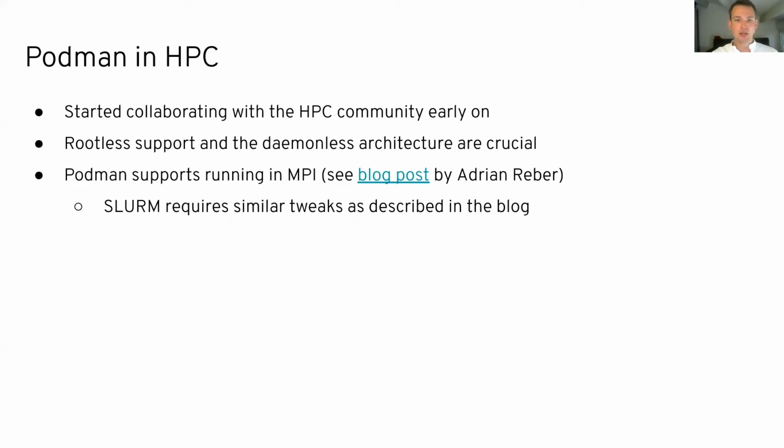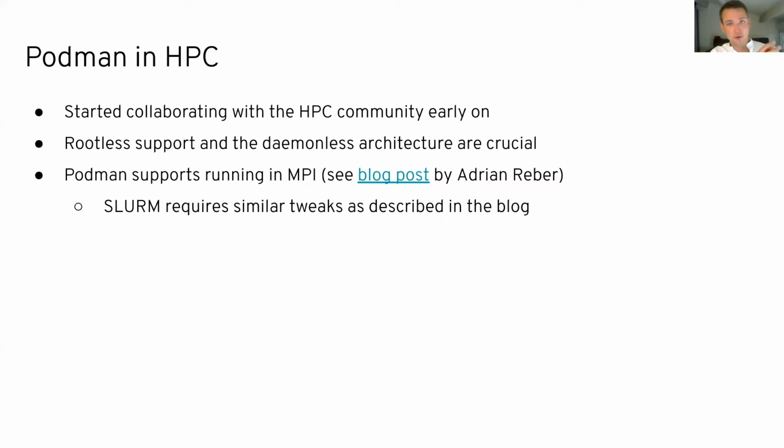Podman supports running MPI. There's a great blog post from 2019 by Adrian Reber, a tremendous colleague and engineer at Red Hat. But Podman also runs on Slurm. There are similar tweaks needed as described in the blog post. Myself, I do not have really an HPC background.